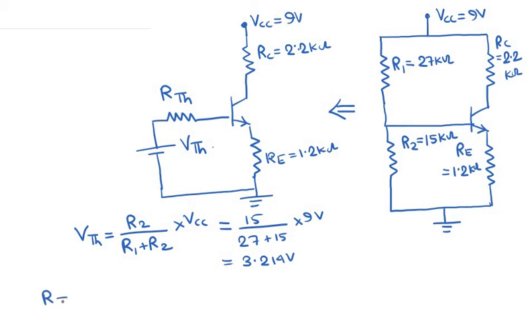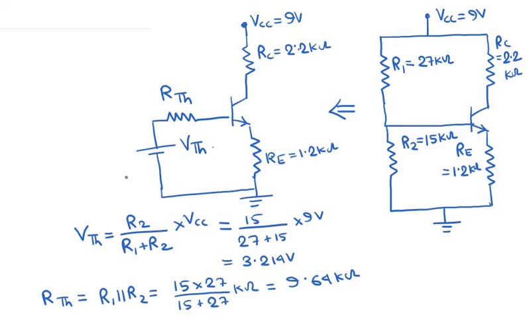And RTH is basically the parallel combination of R1 and R2. So this is 15 into 27 divided by 15 plus 27 kilo ohms, which gives 9.64 kilo ohms. So VTH is equal to 3.214 volts and RTH is equal to 9.64 kilo ohms.